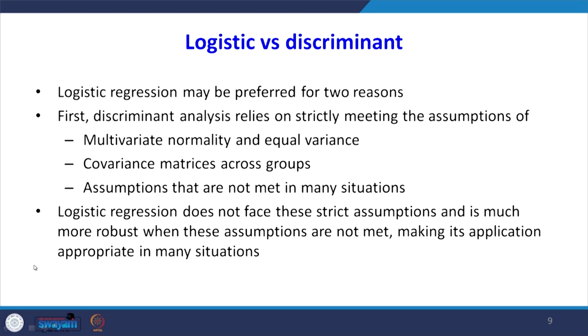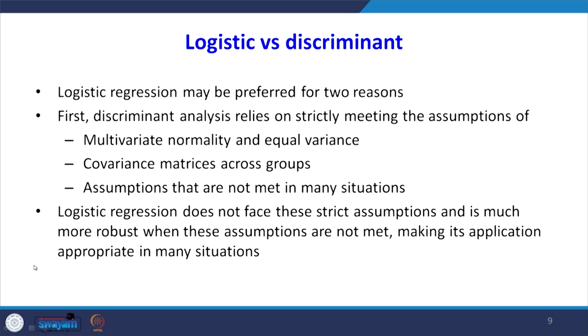These assumptions are not met in many situations, in real time problems we cannot have these assumptions. In that situation, whenever there are 2 levels in the dependent variable, instead of going for discriminant analysis, we can go for logistic regression because these assumptions are not required for logistic regression. Otherwise, we can say logistic regression is more robust than discriminant analysis when there are only 2 categories in the dependent variable.